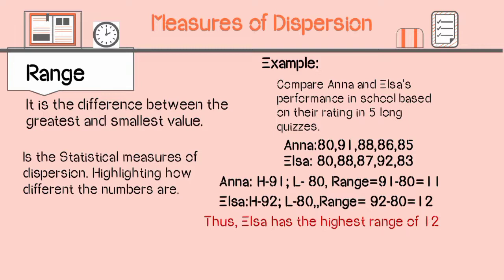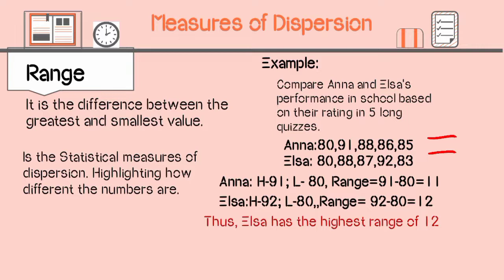Example: compare Anna and Elsa's performance in school based on their ratings in 5 long quizzes. Anna got 80, 91, 88, 86, and 85, while Elsa got 88, 80, 87, 92, and 83. So, si Anna nakakuha ng highest score na 91 and the lowest score of 80. To get the range, we subtract the lowest score from the highest score of Anna.